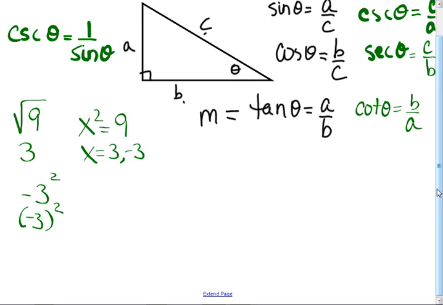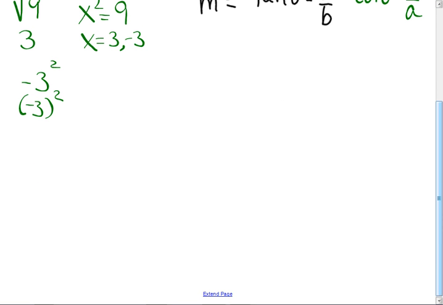First off, I love math because it tells me what to do. If I just know how to read it and I know the rules, I know what to do. Because this one means a negative 3 times a negative 3, which is 9. This doesn't say that. This 2 is only working on the 3, not that negative side. The parentheses are what make that 2 work on that negative.